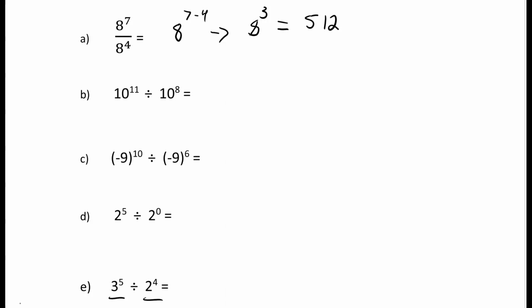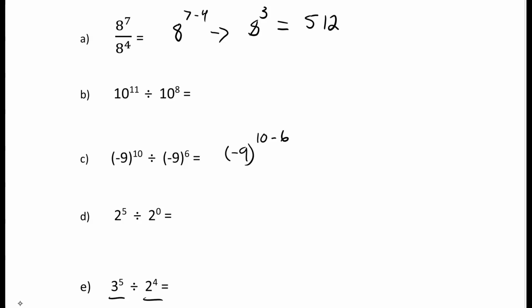So remember, the brackets have to stay all the way through the process here. Negative 9 in brackets to the power of 10 divided by negative 9 to the power of 6.